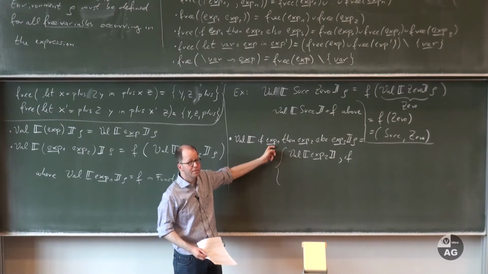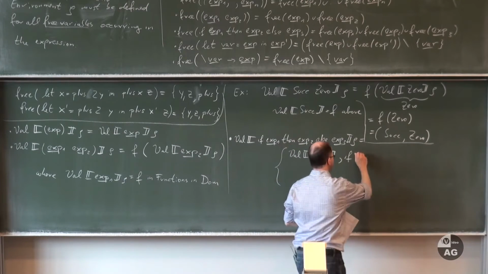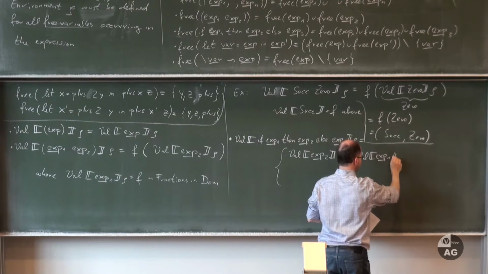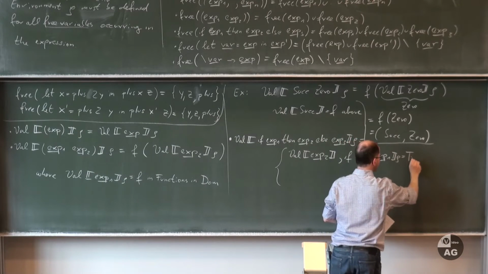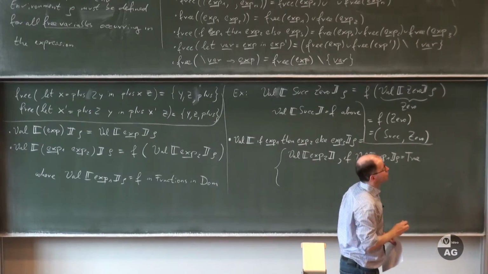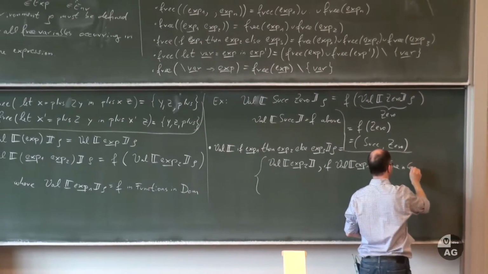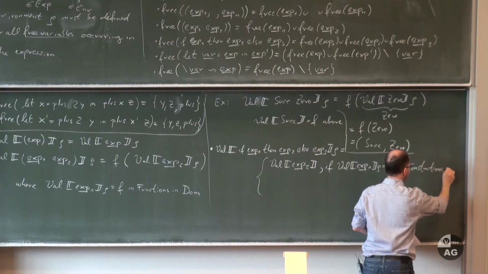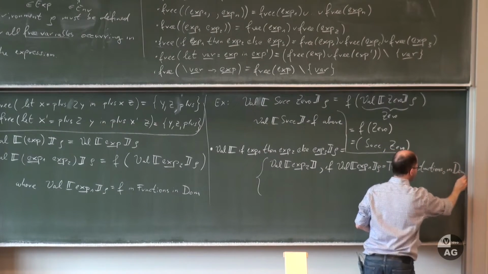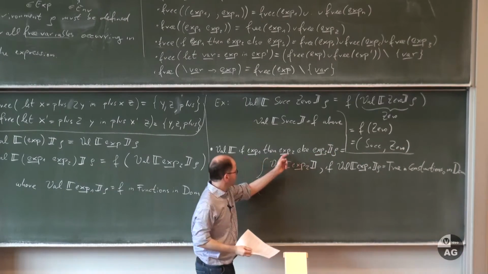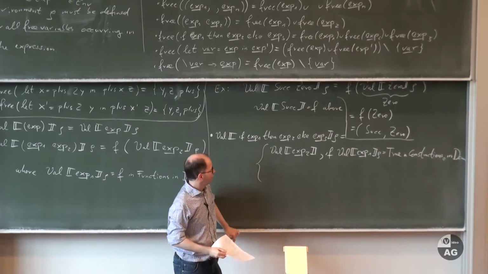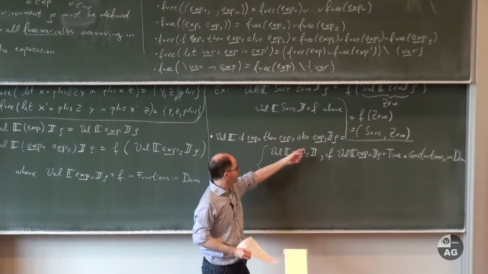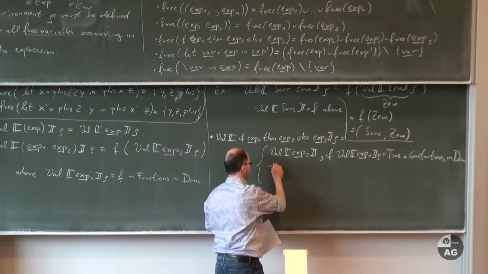If the semantics of x1 is true, and here true comes from the constructors of the domain, then the result should be the semantics of x2. And if the semantics of x1 is false, then the result of the whole expression should be the semantics of x3.